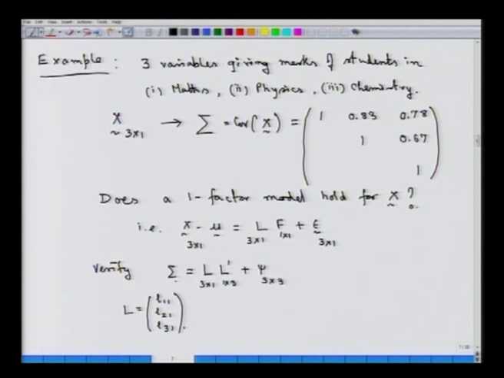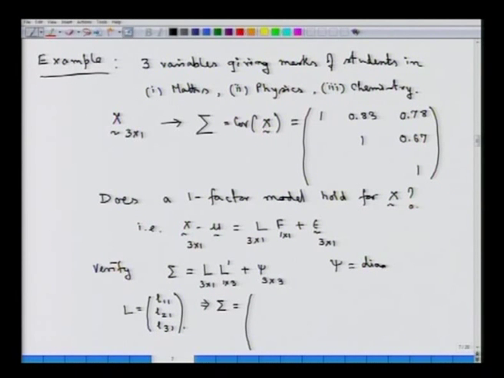This relationship, sigma equal to LL dash plus psi, would imply that this sigma matrix, which is the 3 by 3 matrix we have, on the right hand side we are going to multiply LL dash and then add the psi 1, psi 2, psi 3.